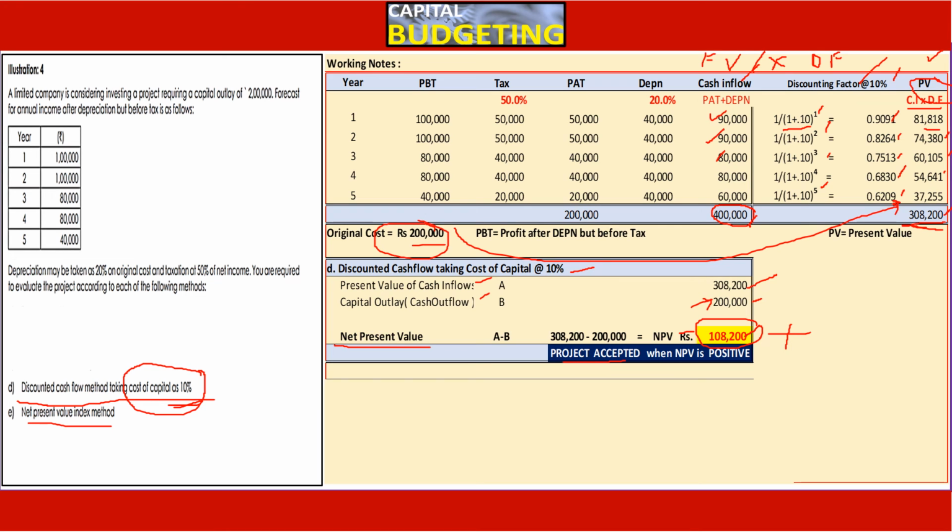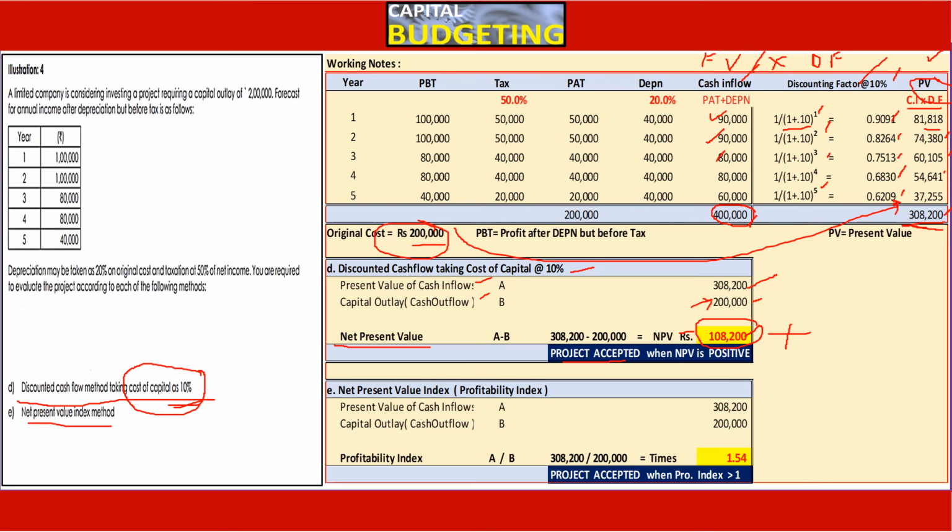Whatever may be the value. Second is a derivative of this, the profitability index. It is nothing but output divided by input. Output is the present value of the future stream of earnings, 3,08,200, and outlay is 2 lakh.